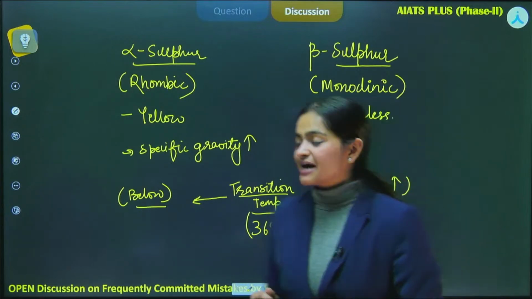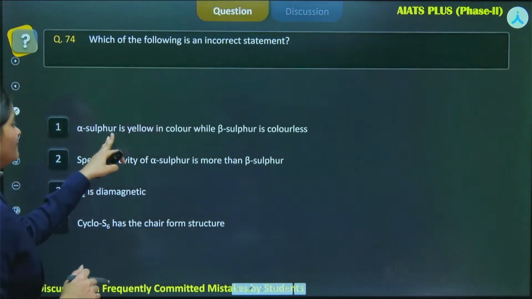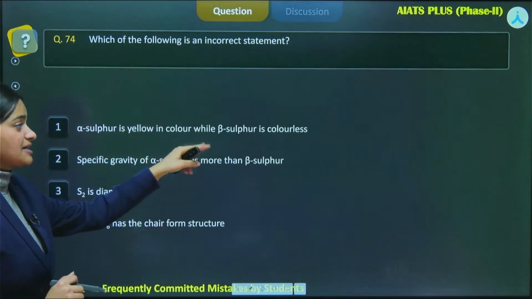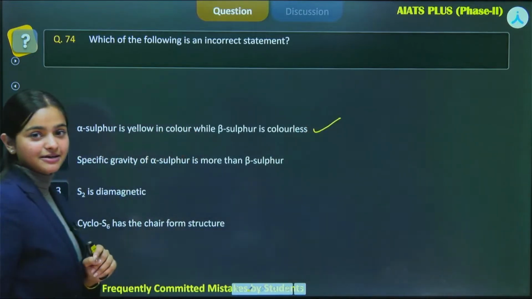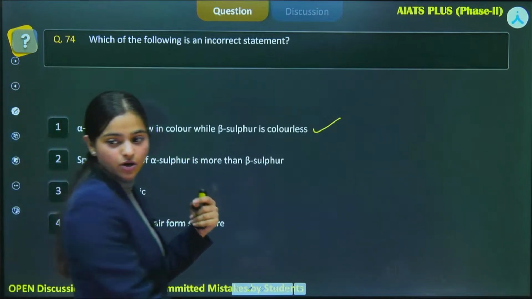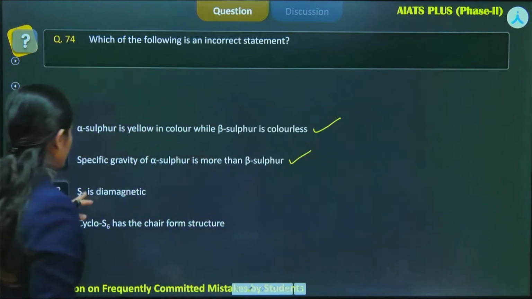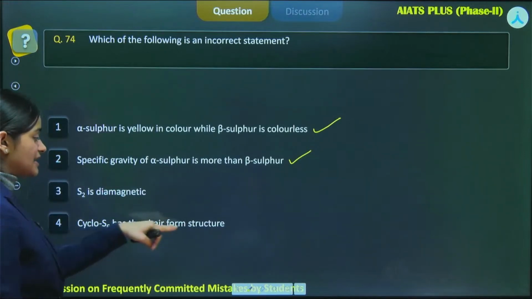So now let's get back to the question. Alpha sulfur is yellow in color while beta sulfur is colorless. This is a very correct statement. Specific gravity of alpha sulfur is more than that of beta sulfur, also correct, right? S2 is diamagnetic, we will come to that. Cyclo-S6 has the chair form structure.